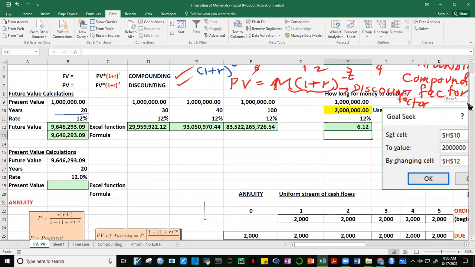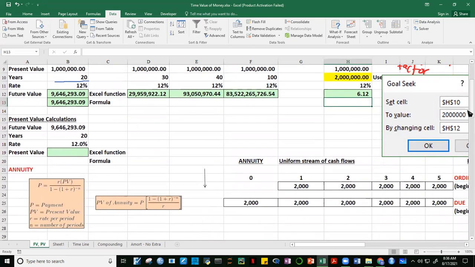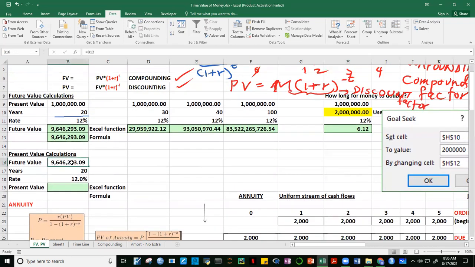Okay, the opposite of compounding is discounting. In discounting, guys, we get the present value. So we reverse the problem. Okay, here, I'm just lining up the 9,646,293. So in 20 years, you will have 9.6 million at a rate of 12%. What should we invest now?